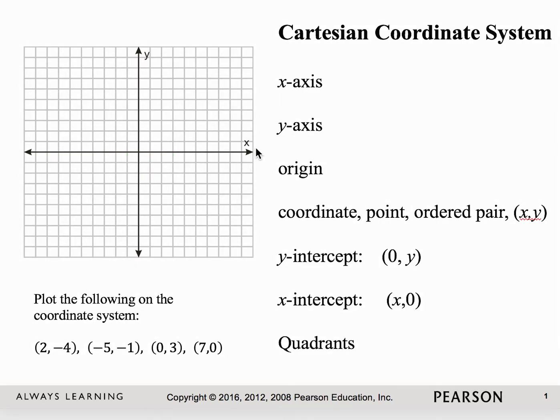The horizontal one is your x-axis, and the vertical one is your y-axis. If you're talking about both of them, the plural for axis is axes.